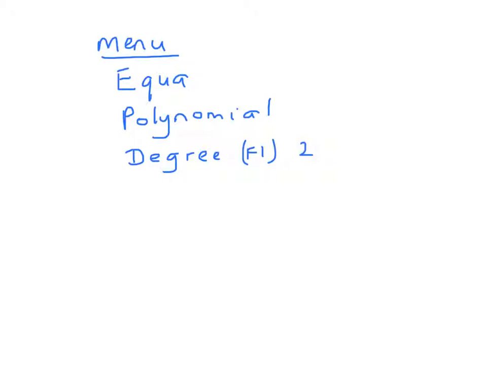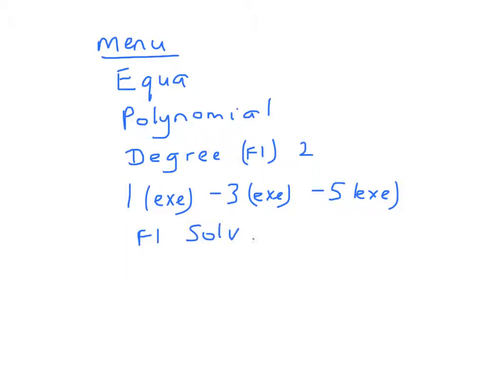And I'm going to put in 1 as my a and execute. And then I'll put in -3, execute, and then I'll put in -5, execute, and that will double check my solution, and I'll push F1 solve for a solution.